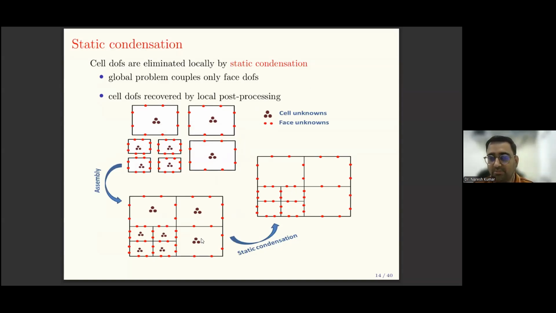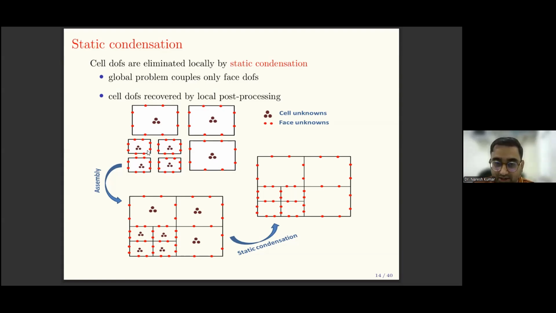And another key point is this one. The static condensation part is very important in the computation because it reduces the computational cost. So basically, we define the degrees of freedom this way. Suppose you can imagine we have a square, then we first split the square into four parts, and then again we take the refinement, and then we split the interior square into four parts.